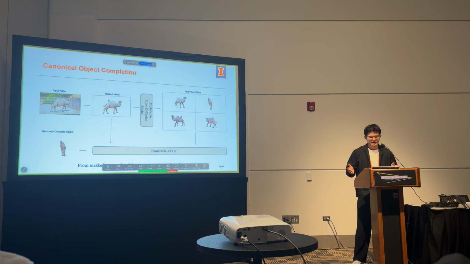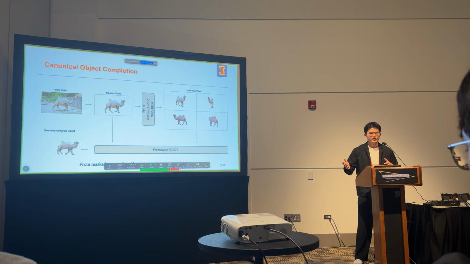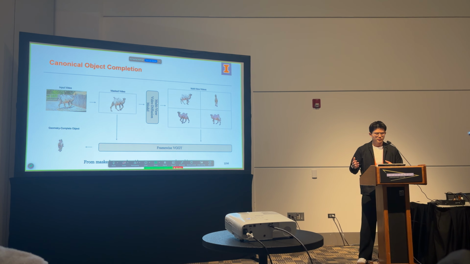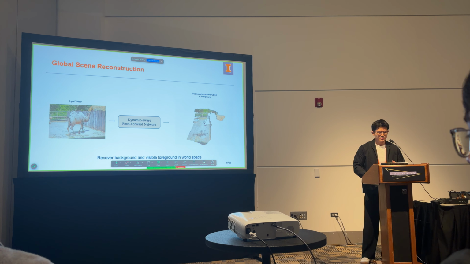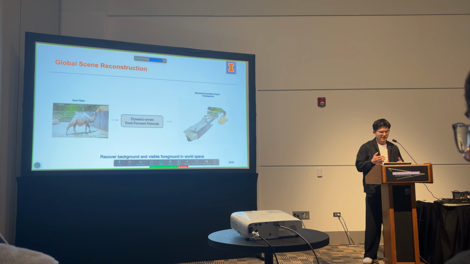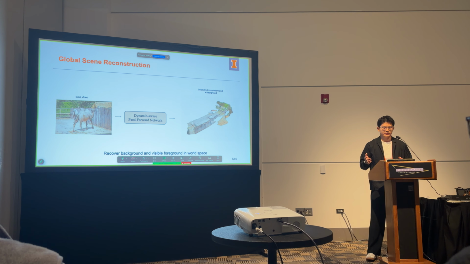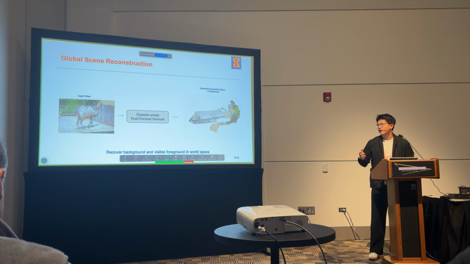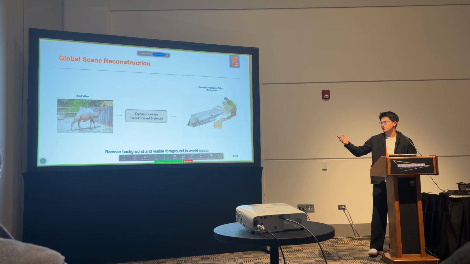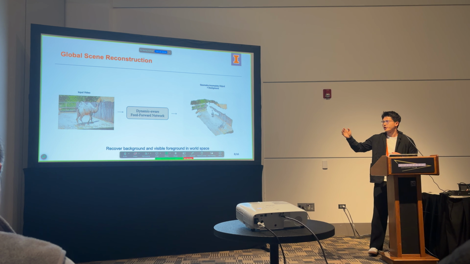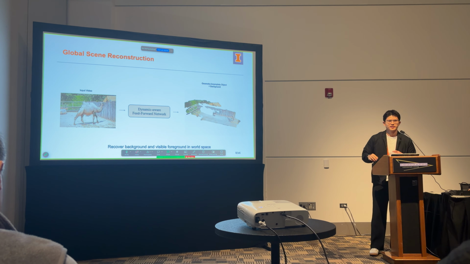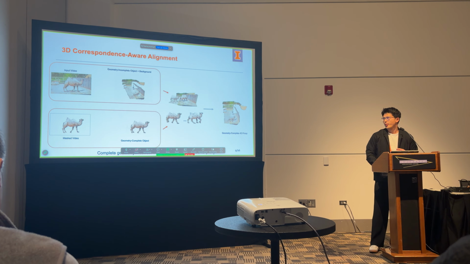And for the whole sequence, we get a continuous moving dynamic point cloud, which is also a complete geometry. For the background, we just put the original video into a dynamic-aware feed-forward network. And we get a background reconstruction together with a partial geometry here. The geometry here is not complete. You only see the part of it, which is from the original video.